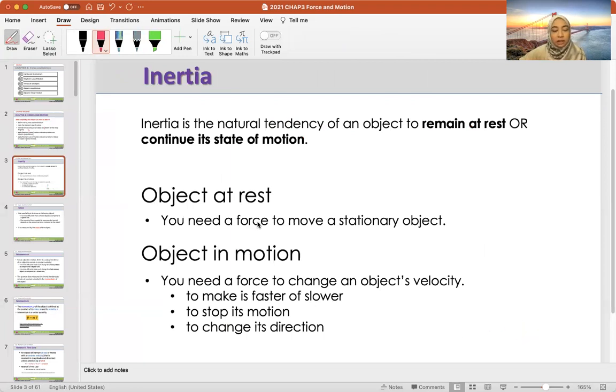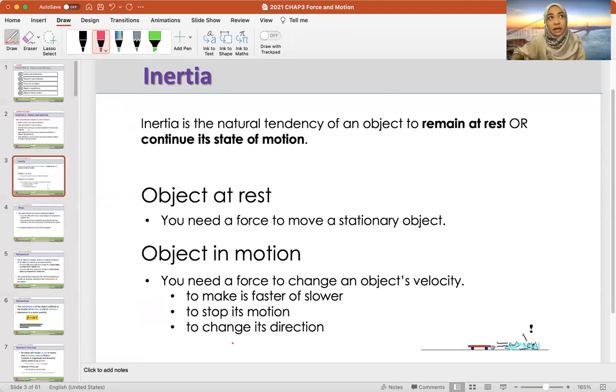Okay, so inertia is the natural tendency of an object to remain at rest or continue its state of motion. So if it's not moving, it's going to not want to move. If it's moving, it's going to want to continue moving at that specific velocity. Meaning to say, if I'm sleeping, I don't want to get up, right?